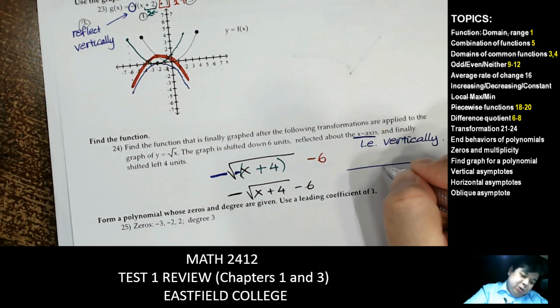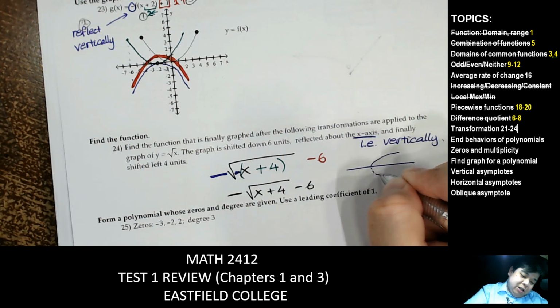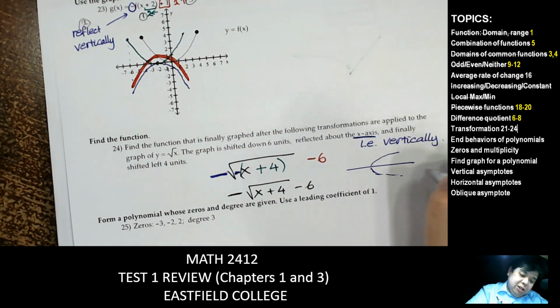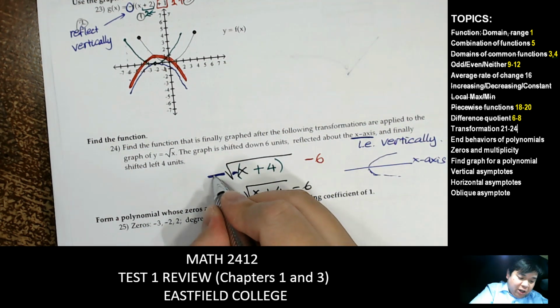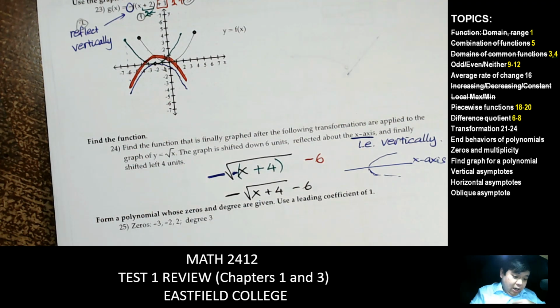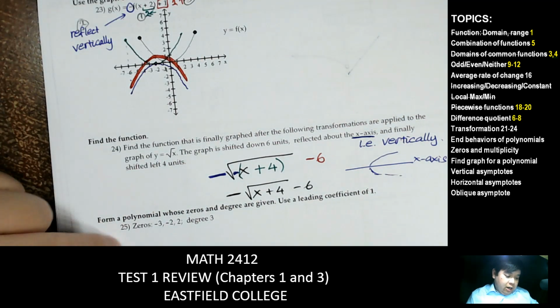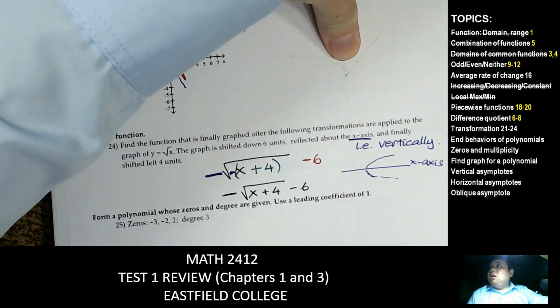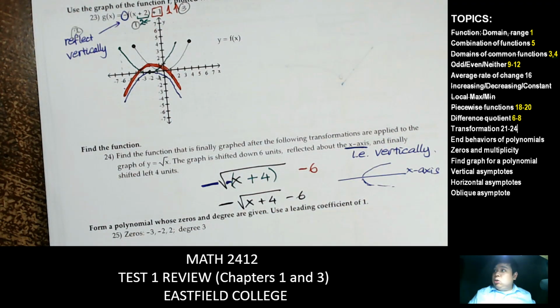Yeah, so one is like this, the other one is like this. This is the x-axis. Yeah, so we have the minus on the outside and not inside. Sorry. Anyway, so like that. I think number 25 is easy, so I'm not gonna do that. And we did something like that in class.